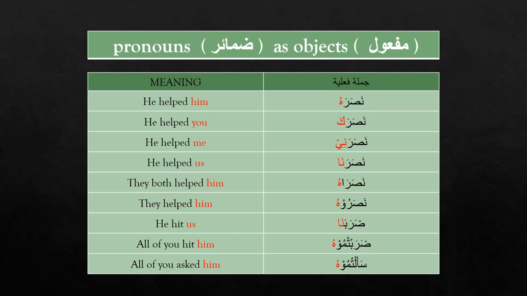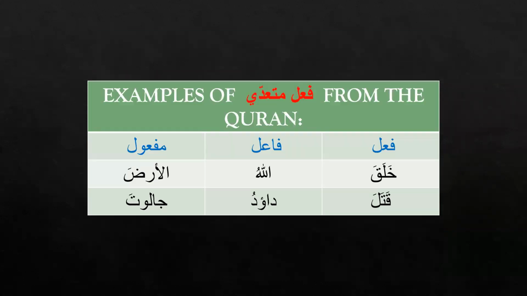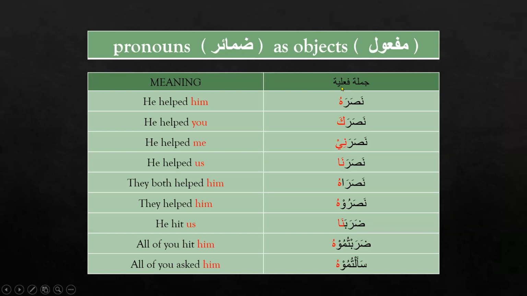Now see here, remember that while doing this Jumla Fa'iliyya, we have used here a noun, but here we are using a pronoun, and this is also the detail of our Jumla Fa'iliyya, our sentence. All right? Nasarahu. This is not one word. These are two words.